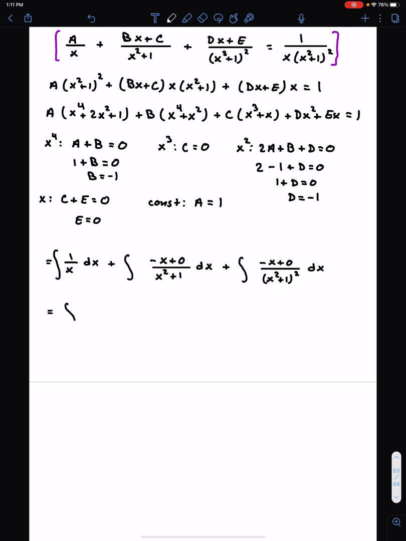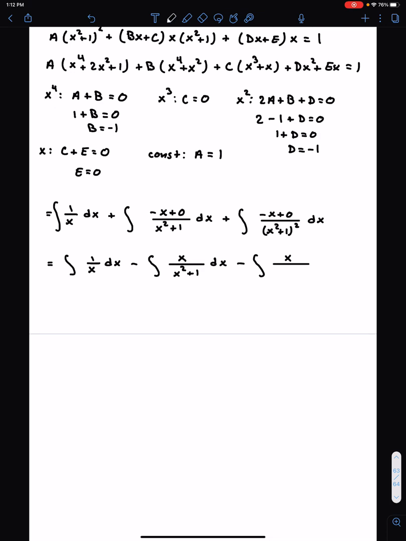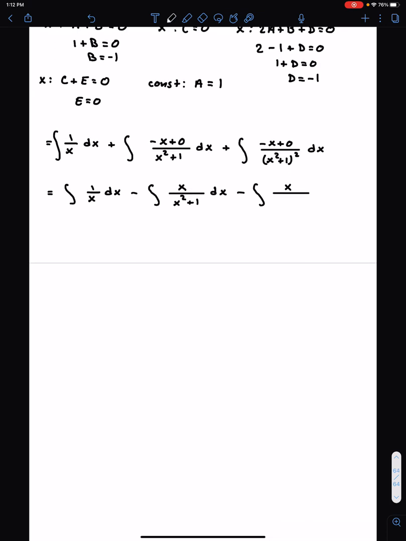So the integral of 1 over x dx minus the integral of x divided by x squared plus 1 dx minus the integral of x divided by x squared plus 1 quantity squared.